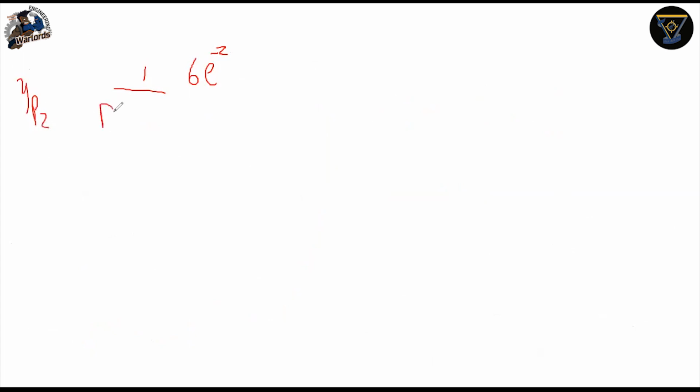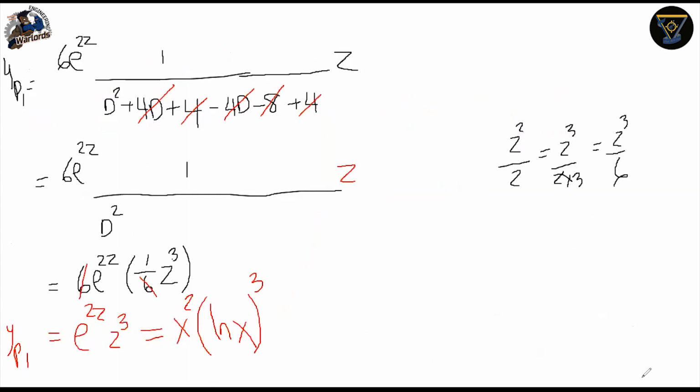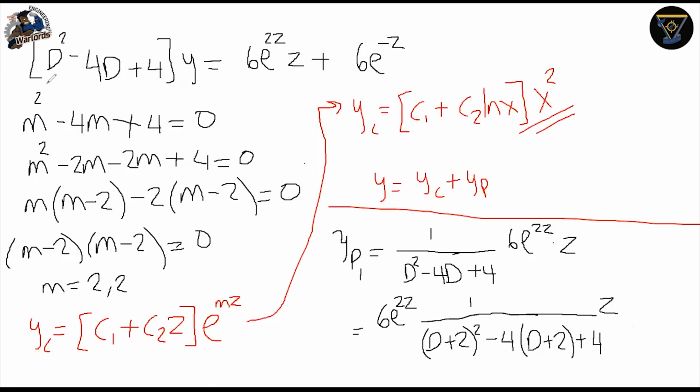What did we have? D squared. If we go back here, what we had was d squared minus 4d plus 4.